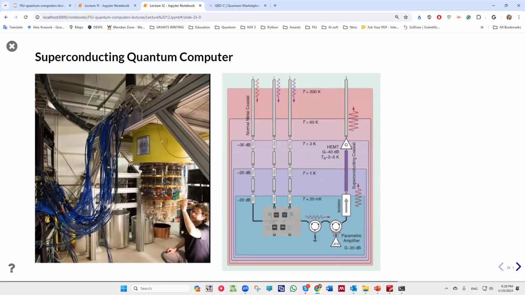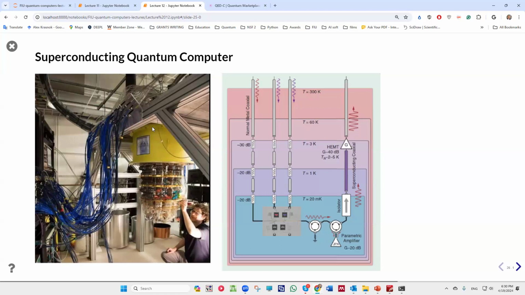This transition from a system of single-qubit gates to a system with entanglement is a huge technological step. And if you manage to do so, you can create something like this.